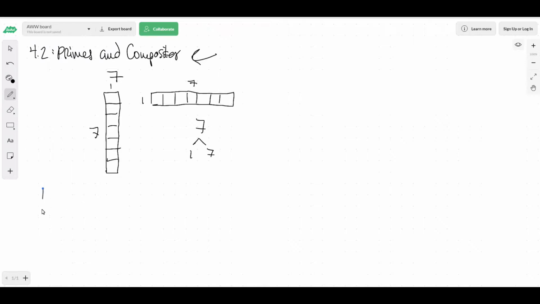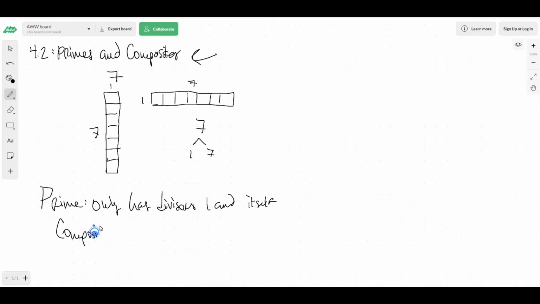So a prime number is a number that only has divisors 1 and itself. Whereas a composite, let me pause the video for a second.